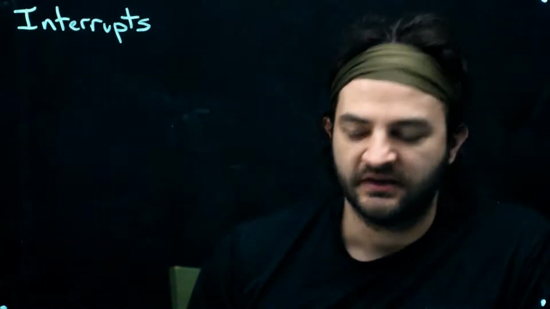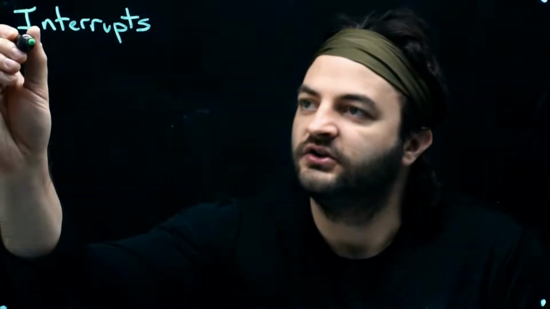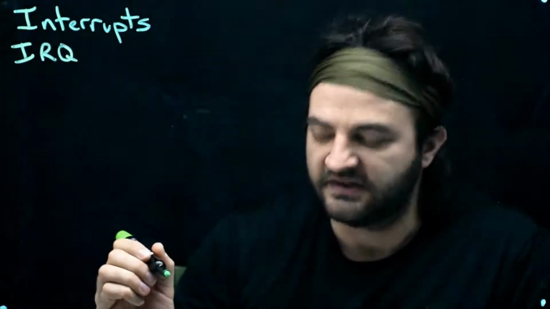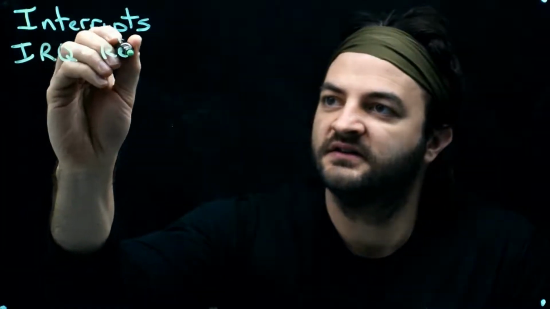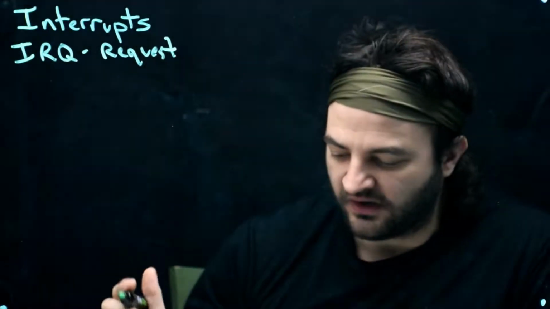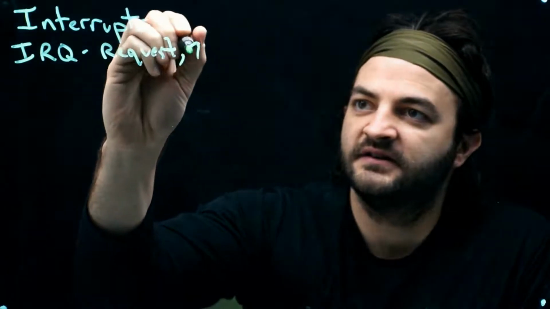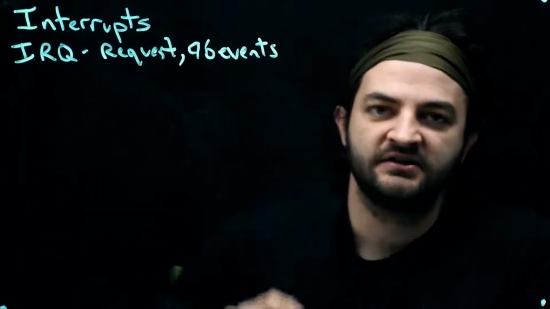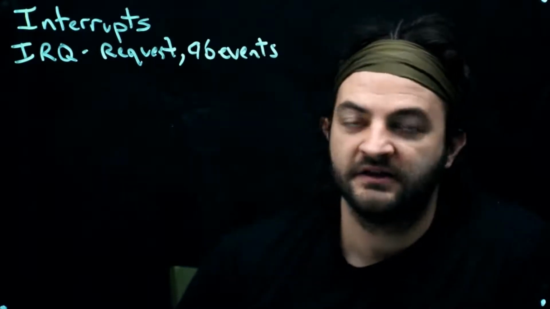So we'll have some nomenclature here. An IRQ. This is the interrupt request. This is the thing that's requesting that an interrupt occur and pause whatever the CPU is doing at that moment. On our PIC32, there are 96 different events that we could set up to generate interrupts.